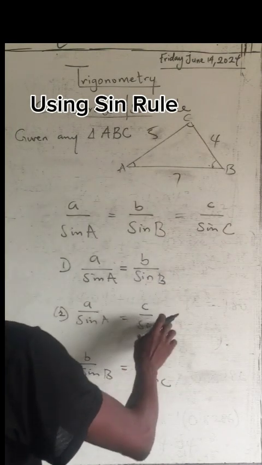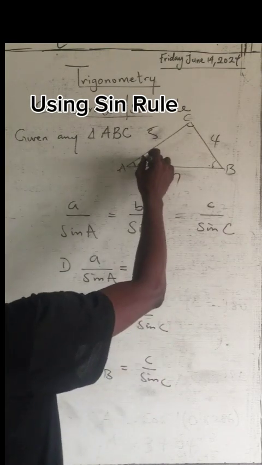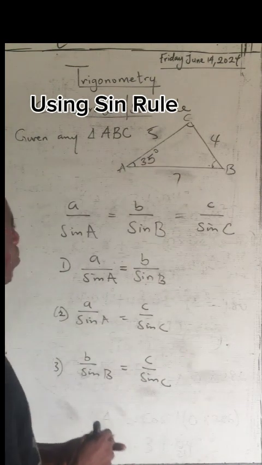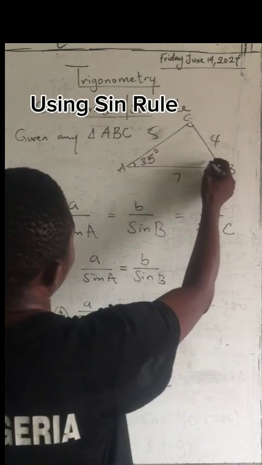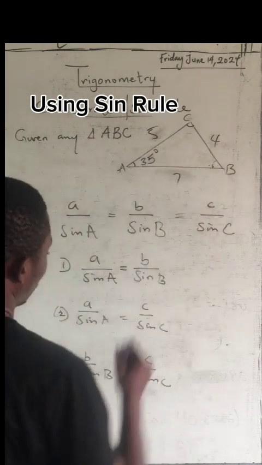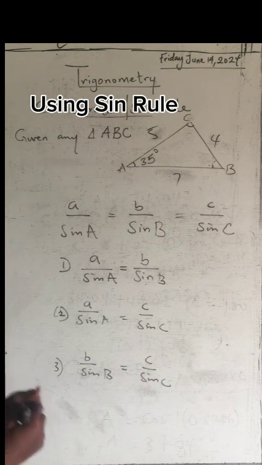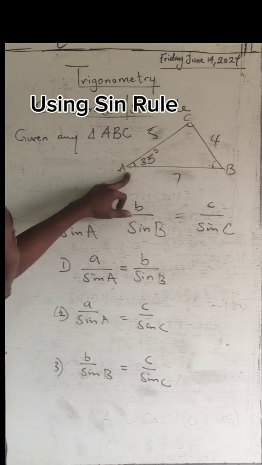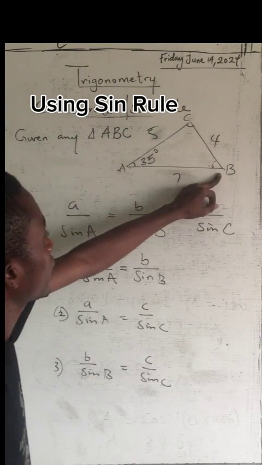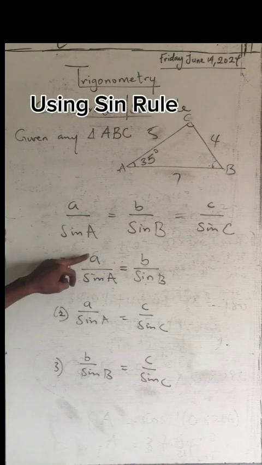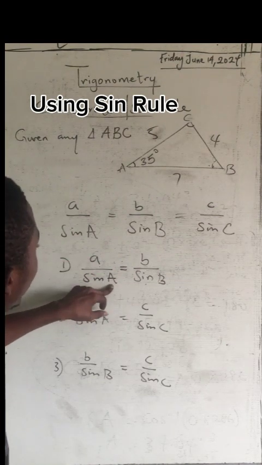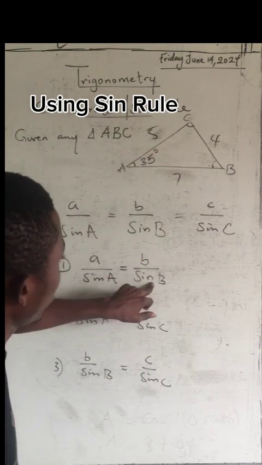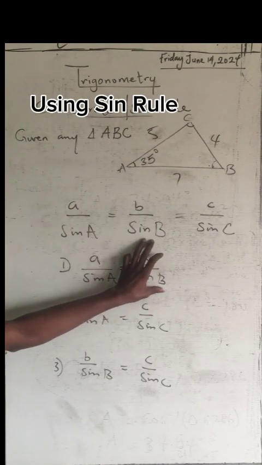Given this angle here to be 35 degrees, let's find angle B. So here now I have angle A and I have side A. I have side B, but I don't have angle B. So I can use this one here.